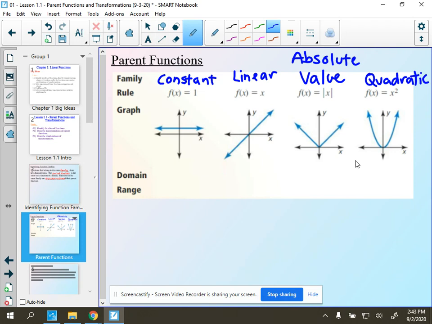linear, absolute value, quadratic. Let's talk a little bit about the domain and range. We'll use some of the notation here. What we need to think when we think domain is how far does this graph go to the left? And how far does this graph go to the right? Well, what do you mean? How far does it go to the left? I see an arrow on this graph pointing all the way to the left, which indicates that this is going on forever.